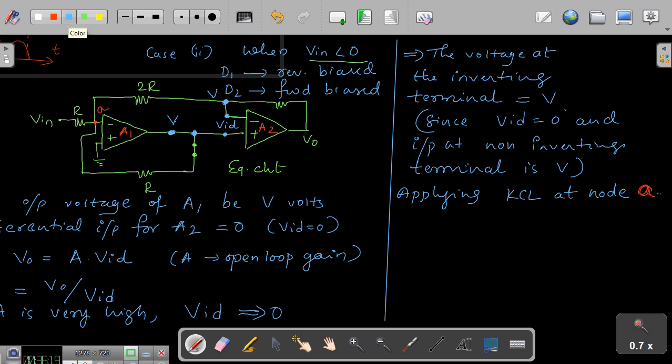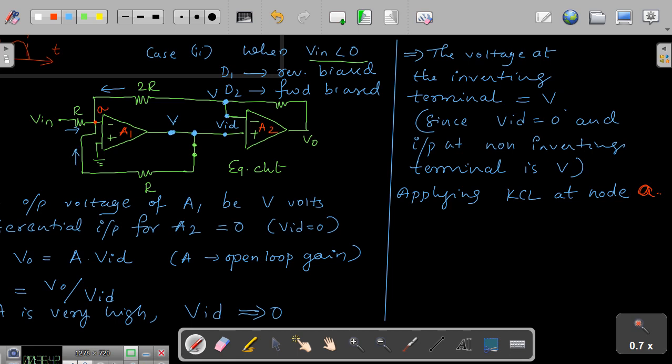If you apply KCL at node A, this is V, and the terminal at A is at 0 potential, so the current will come from here, this is V. Now this is another path you can see here, so the current will flow here, right?